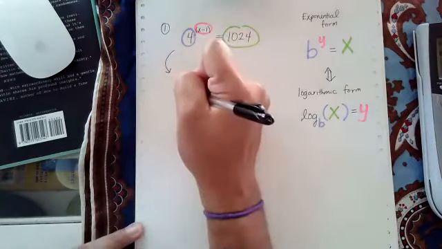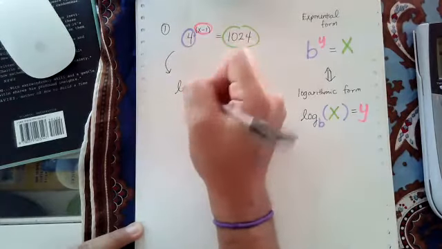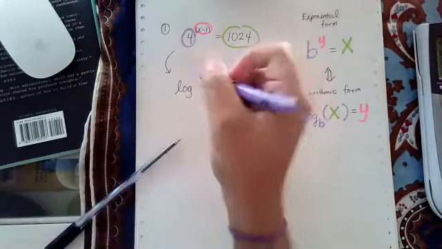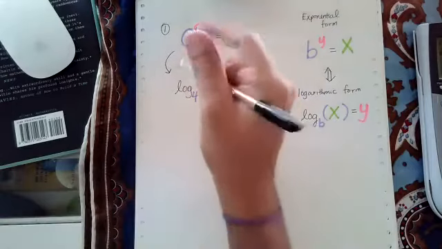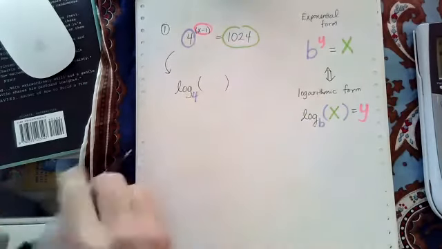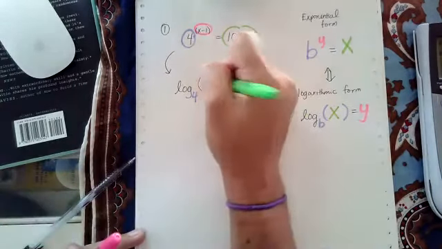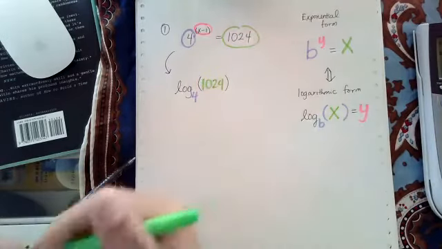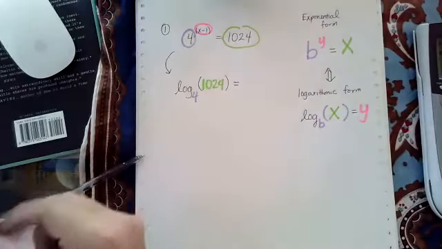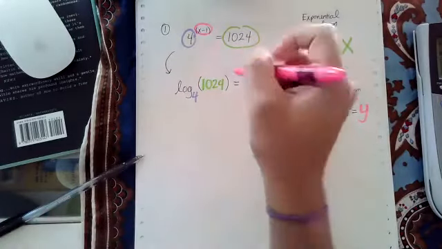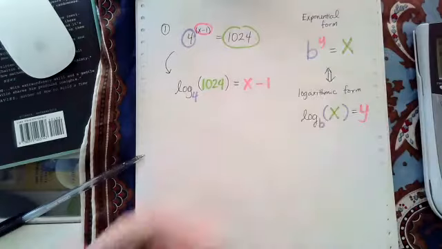And I'm going to write down log base 4 of 1024 is equal to x minus 1.